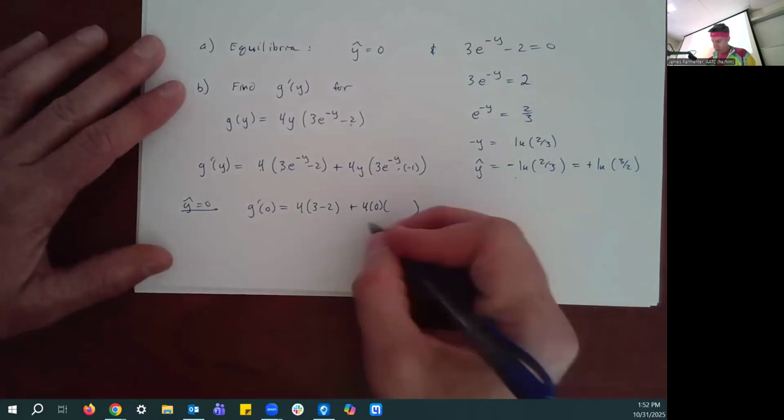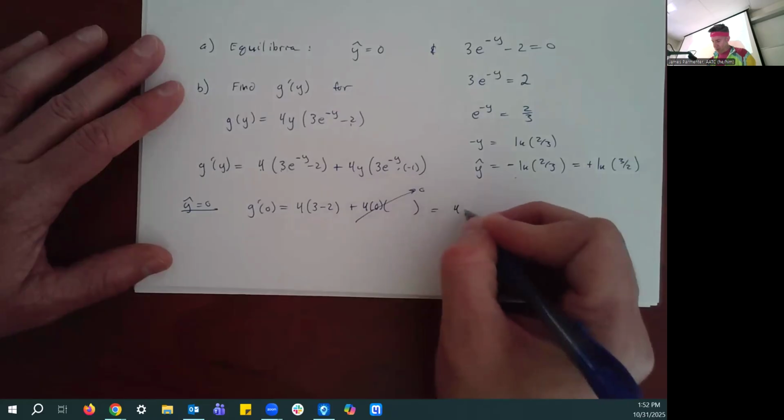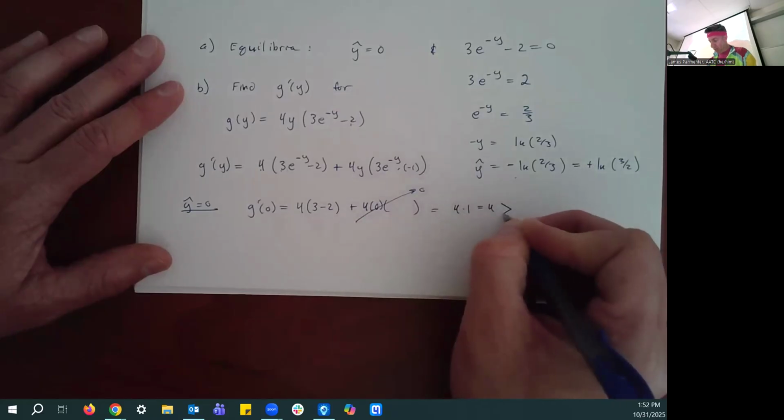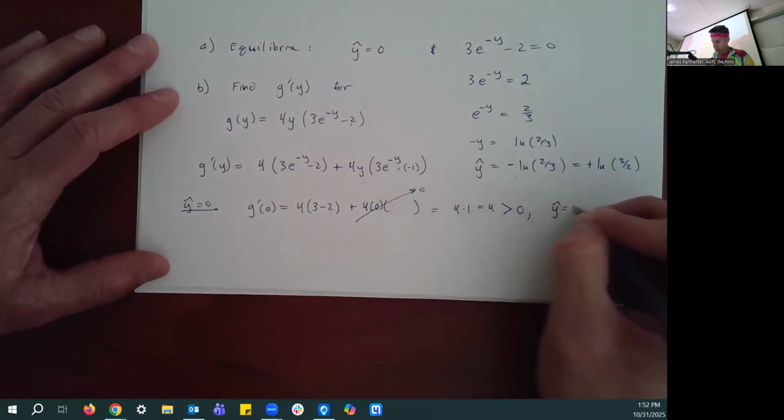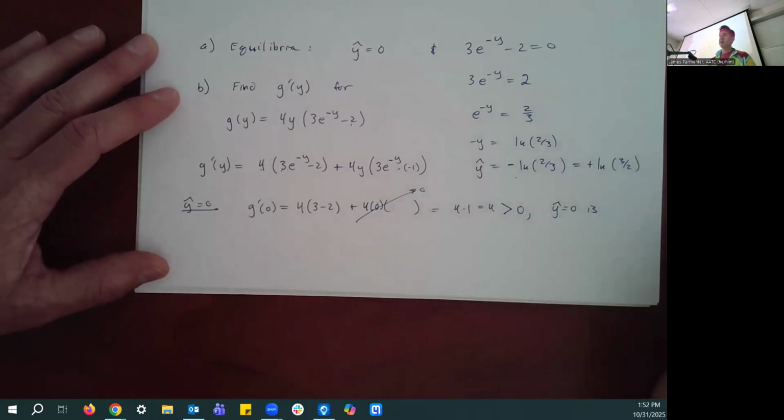So I'm going to get 4 times 1, which is 4, which is positive, which means that y hat equal to 0 is unstable.